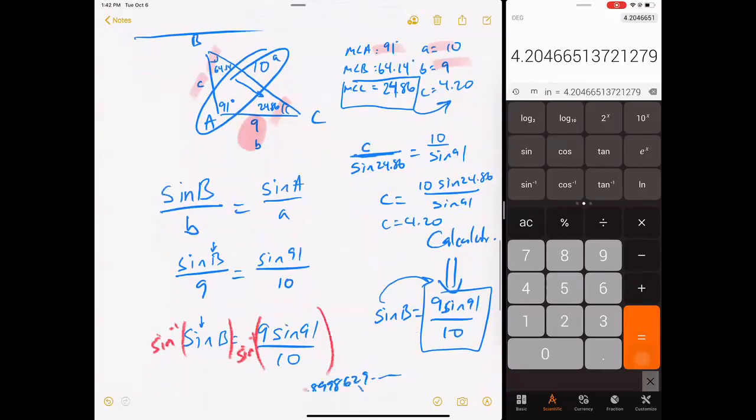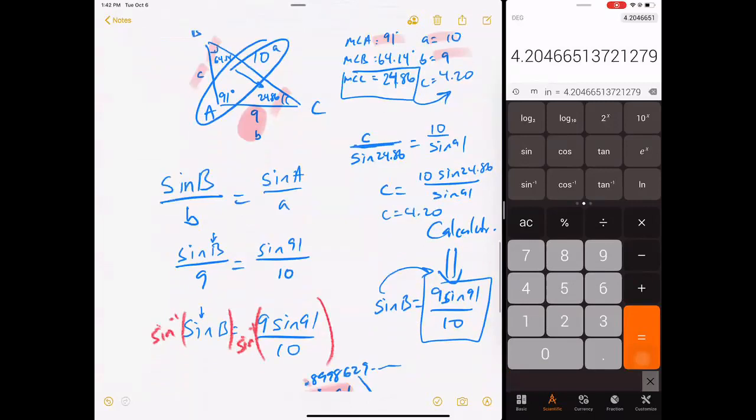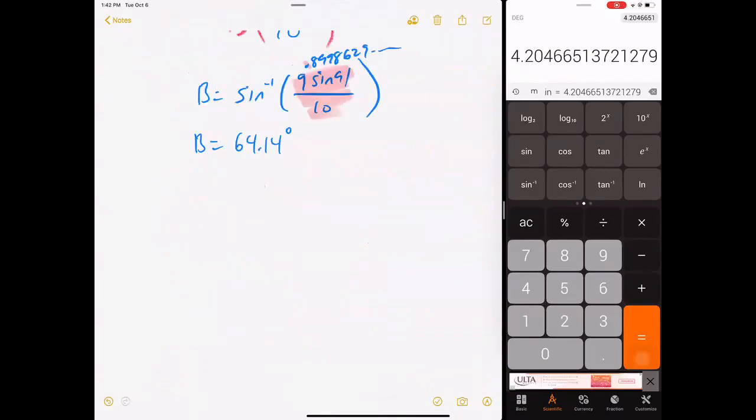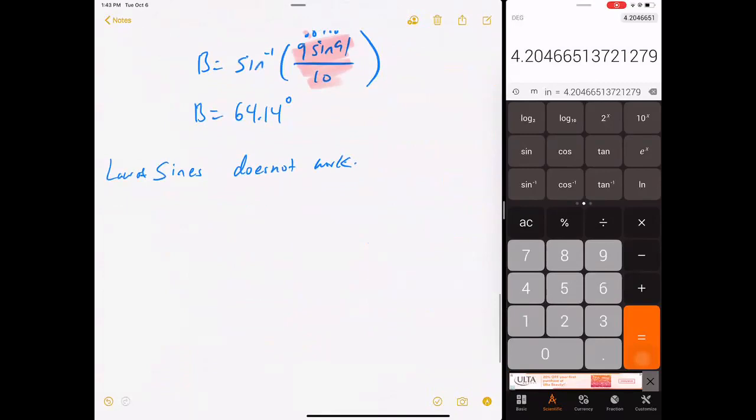So let me give you some examples where law of sines does not work. It doesn't work when I give you a side, side, side triangle.